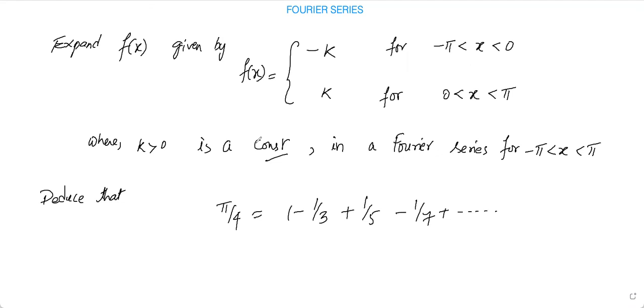Also we have to deduce pi by 4 as 1 minus 1 by 3 plus 1 by 5 minus 1 by 7, and so on. Okay, so let us solve that.